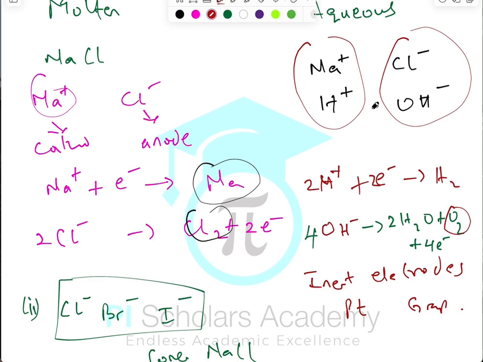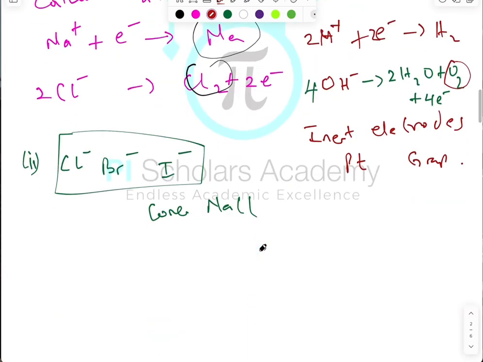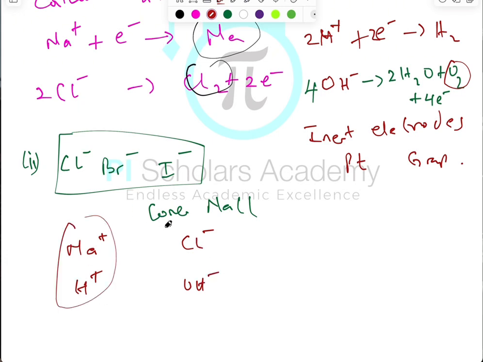But in the case of concentrated NaCl, the same separation occurs: you have Na plus and H plus, then Cl minus and OH minus. Now, this will happen just the way it usually happens. But because this is concentrated NaCl brine, you have to consider the discharge of any of these ions.